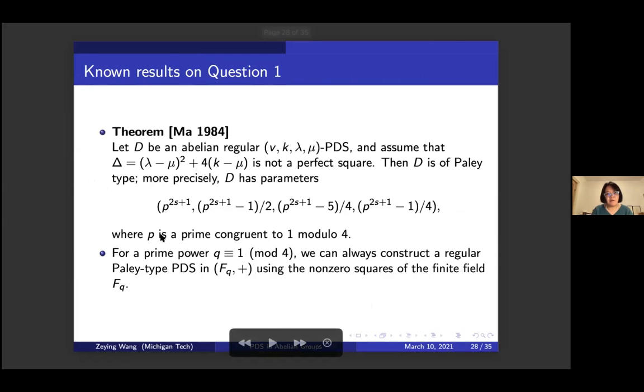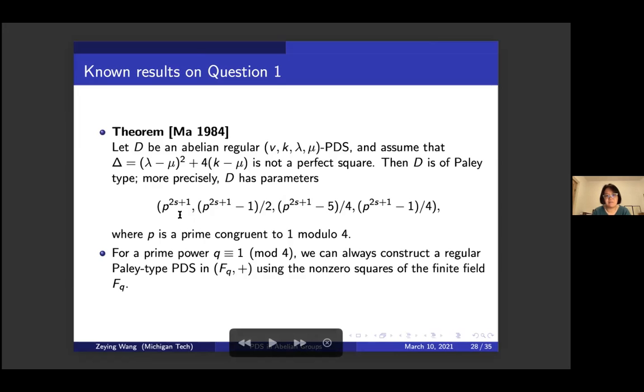So first I want to talk about 2 results. In 1984, Ma proved that if D is an abelian regular PDS, and suppose your delta is not a perfect square, then D must be a Paley type. And also he knows the parameters. So v will be a prime power, and p will be a prime congruent to 1 modulo 4.